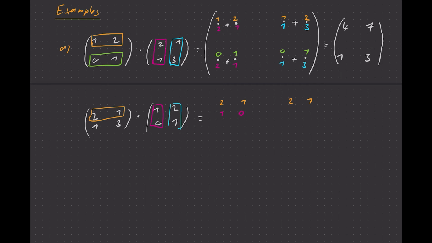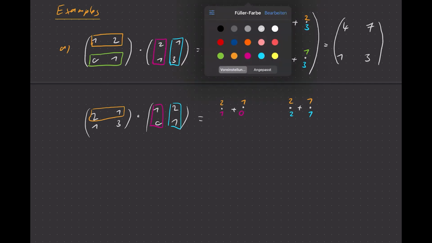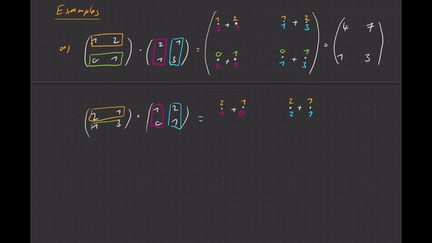And the second column, 2, 1, we need to put that here. And then we multiply the entries with each other and then sum up the results like this. And we can also do this for the second row here, this one, 1, 3. And again, we have the first column, 1, 0, and the second column, 2, 1.